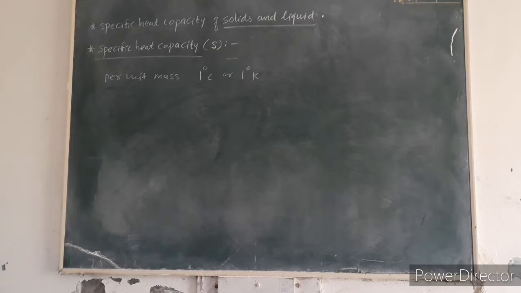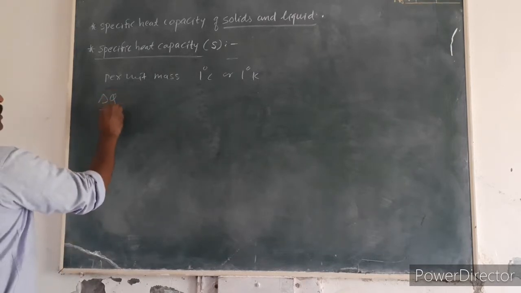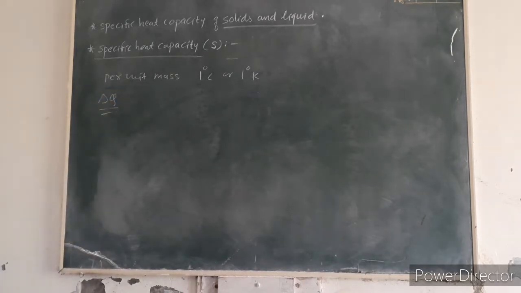Or specific heat capacity is defined as the amount of heat, suppose delta Q is the amount of heat per unit mass.